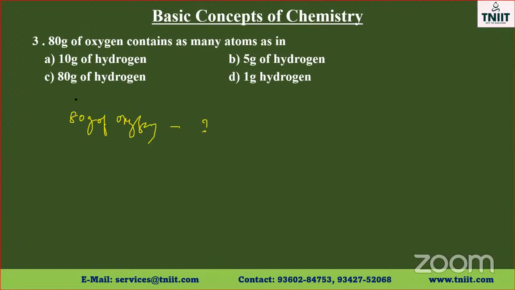Now we know that, if you don't use the formula also, it's fine. If you have a little understanding of the subject, you can work. 32 grams of oxygen contains 2 into 6.023 into 10 power 23 oxygen atoms, because 32 grams is 1 mole.